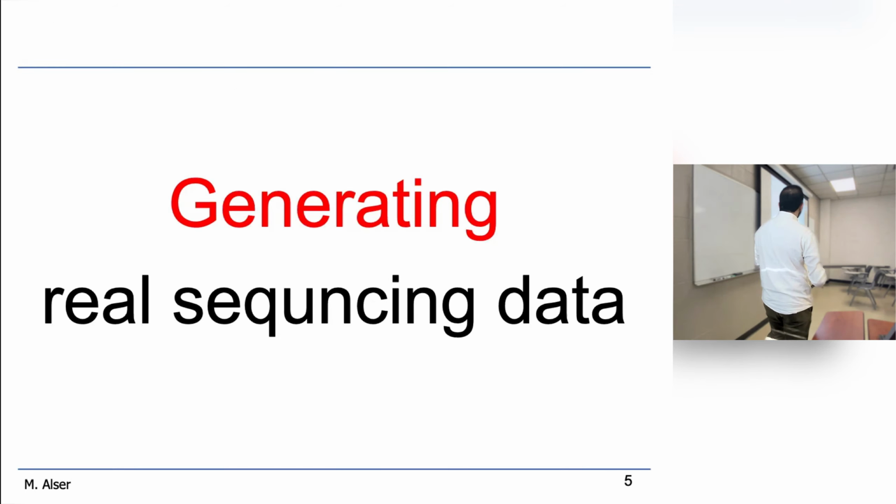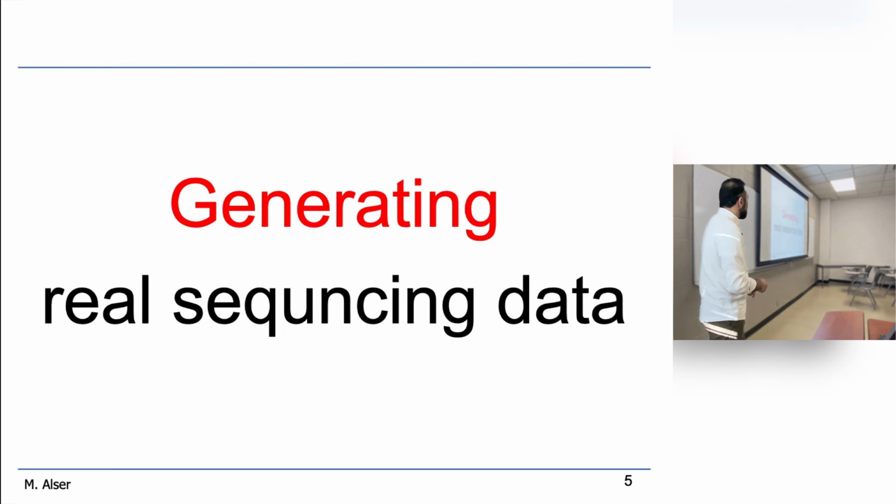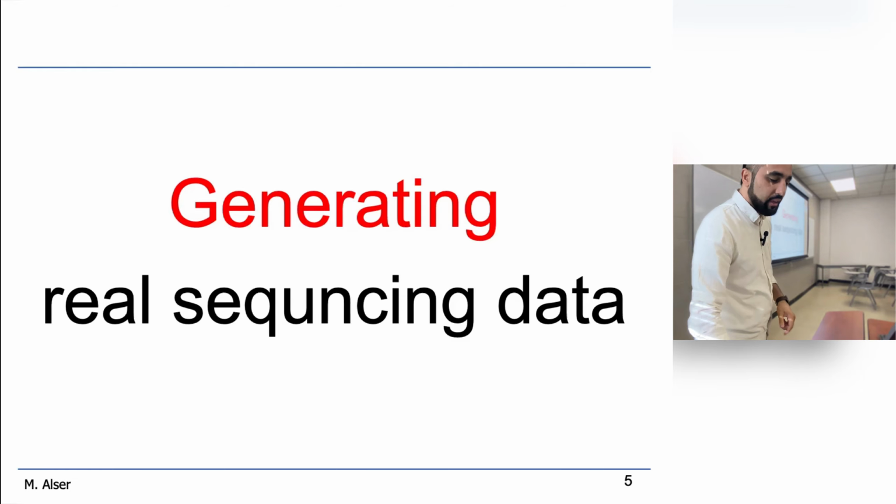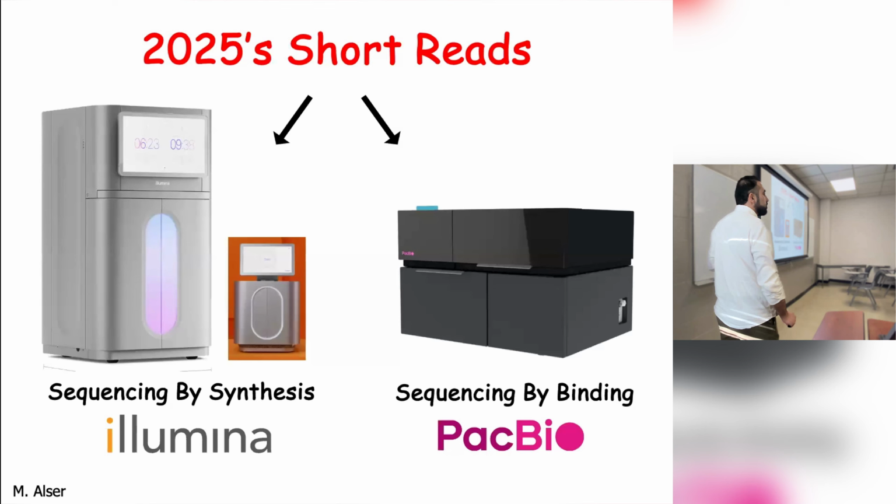So let's jump into the first direction, which is generating real sequencing data. And this is just a brief recall of what we were talking about. So we have the short reads, and most of those are very recent technology, especially the Onso machine. So hopefully by now we remember and can easily recall the differences between sequencing by synthesis and sequencing by binding.